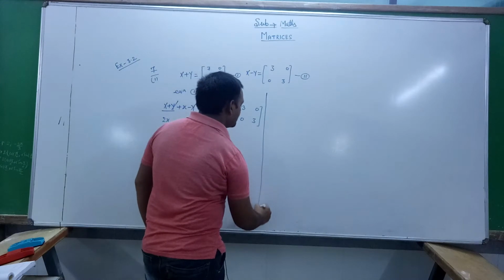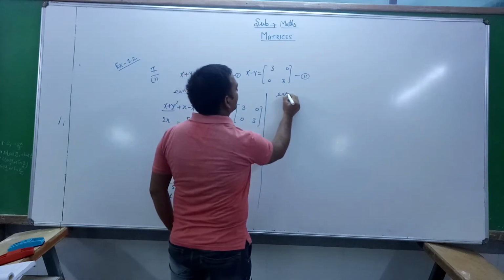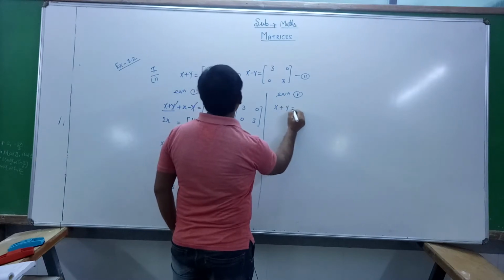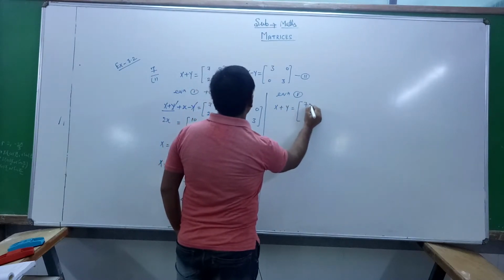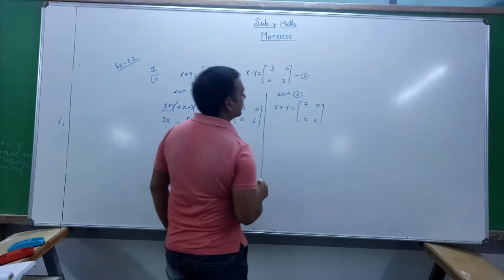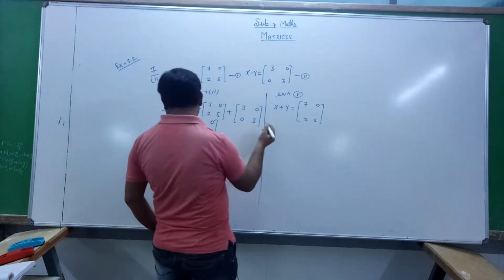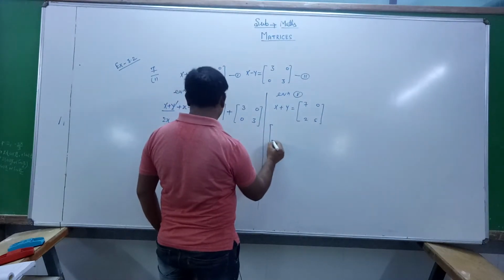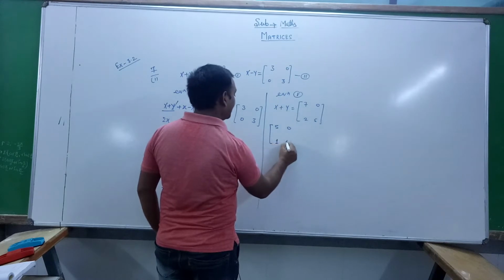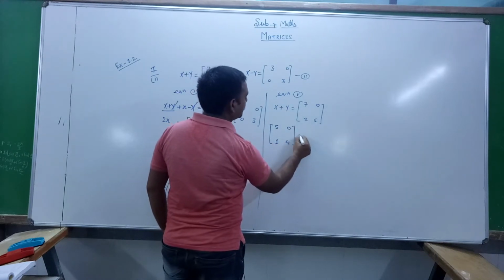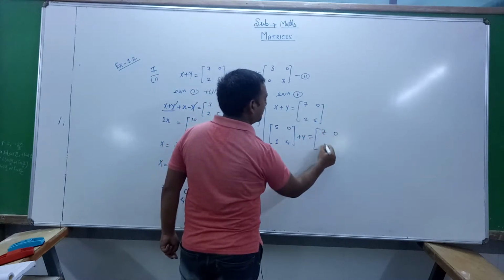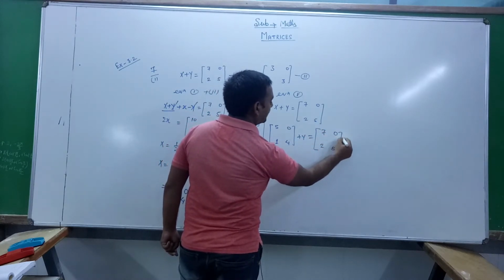After that, you take equation number 1: x plus y is equal to the matrix 7 0 2 5. Then you put in the value of matrix x, which is 5 0 1 4, plus y, equal to the matrix 7 0 2 5.